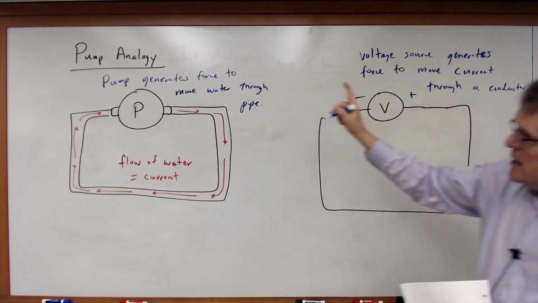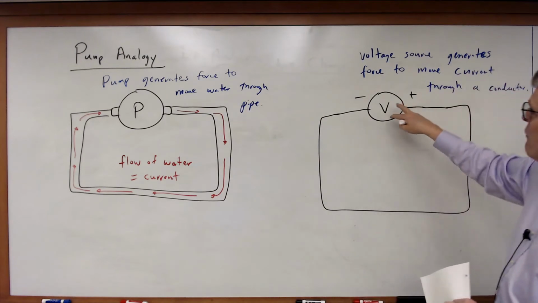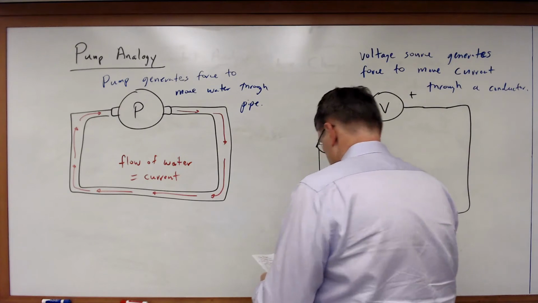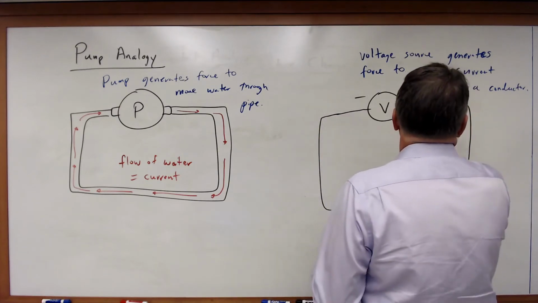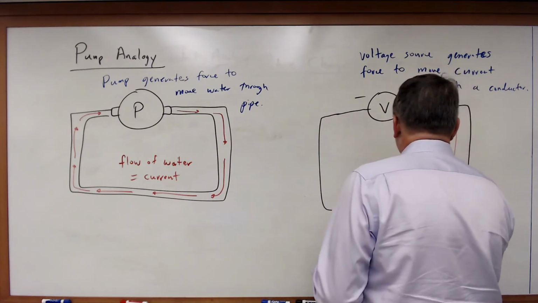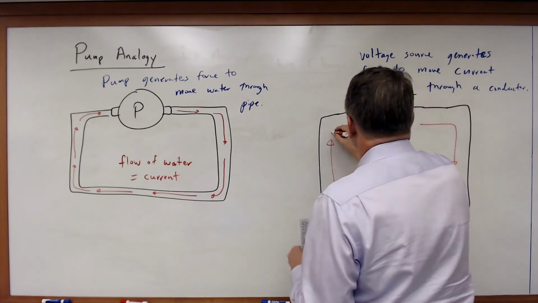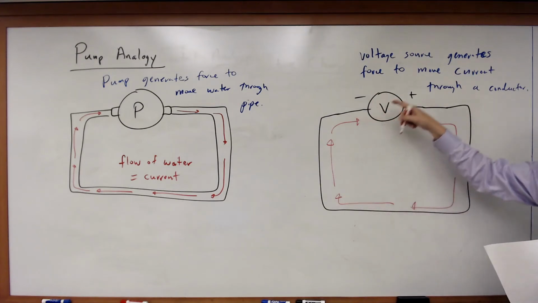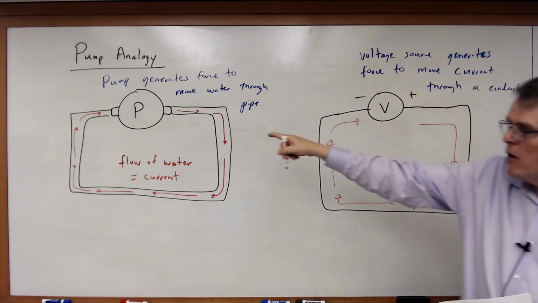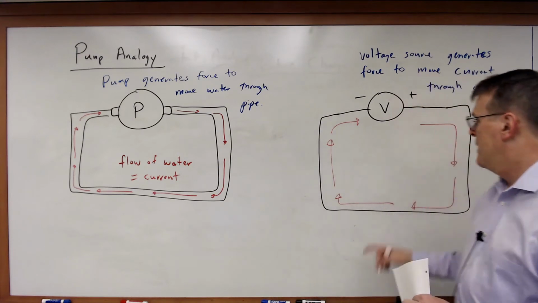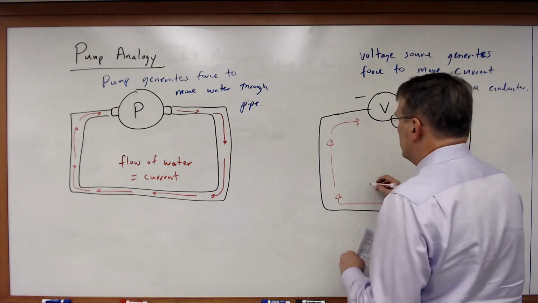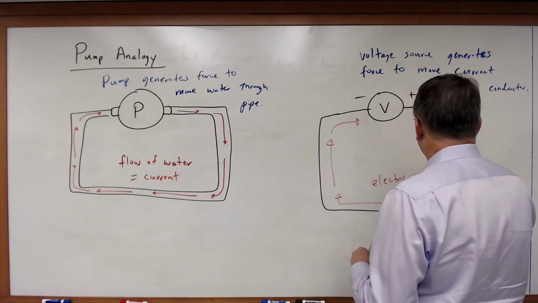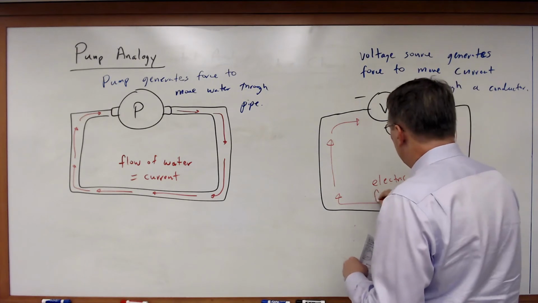And so just as the pump pushes water, the voltage source pushes electric charge. And so in this case, we're going to have electric charge moving through this electrical conductor, and circulating just as we saw water circulating here. And so in this case, this is an electric current, which is just the flow of charge.